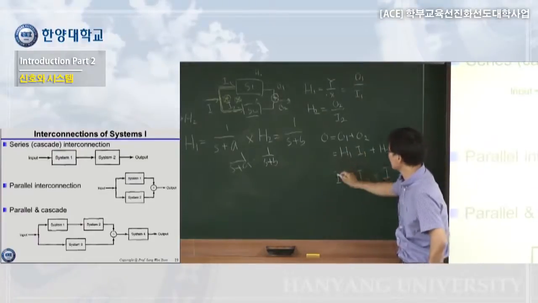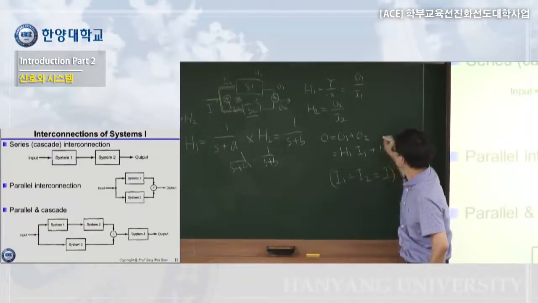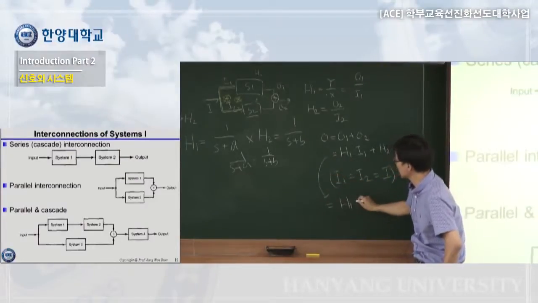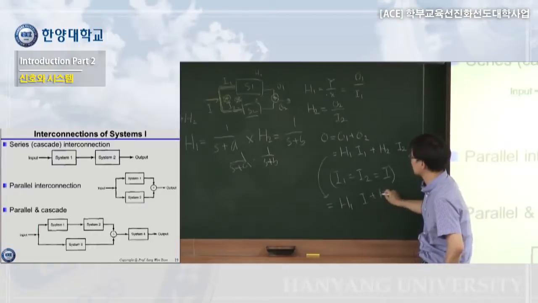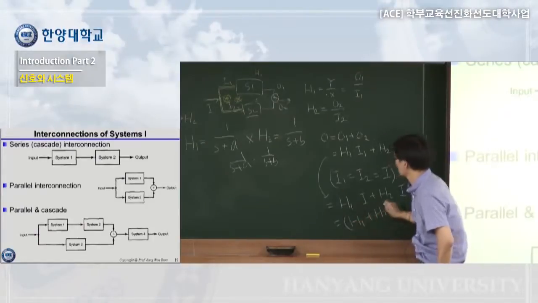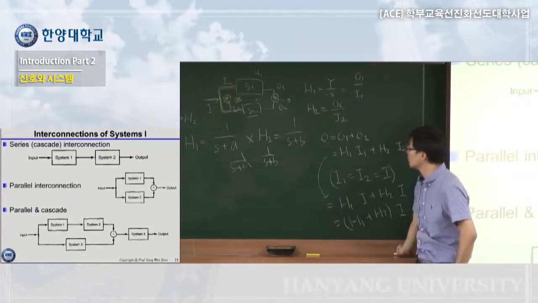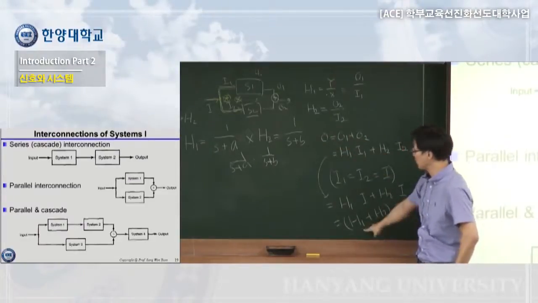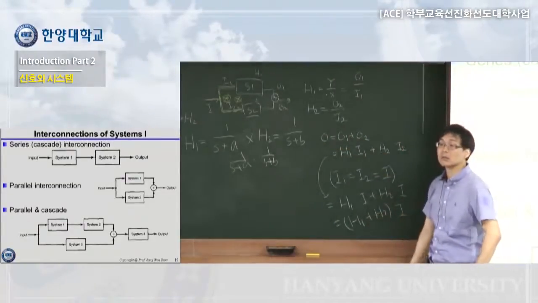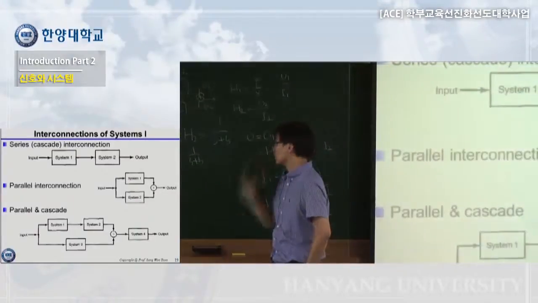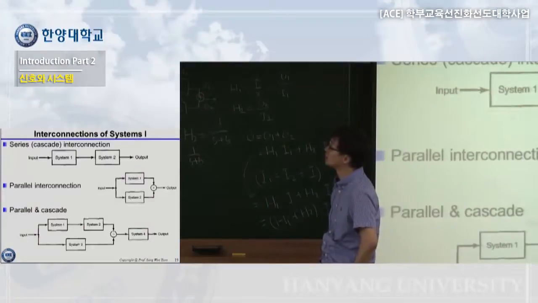So this becomes H1 times I plus H2 times I, meaning that (H1 plus H2) times I. So the relationship between input and output in the whole system will be plus this. Very simple proof, but we will tell you that.